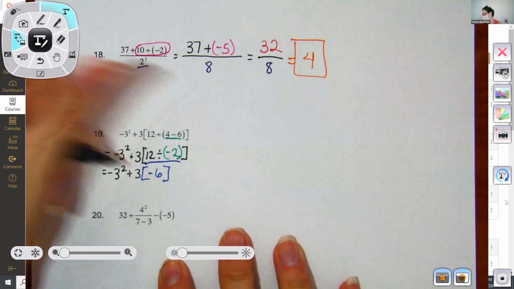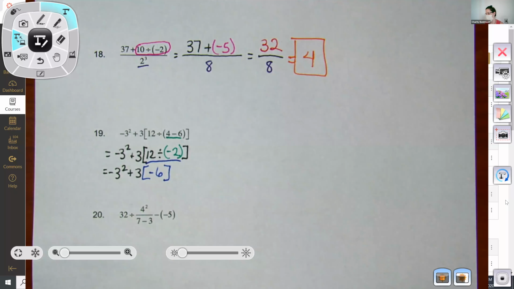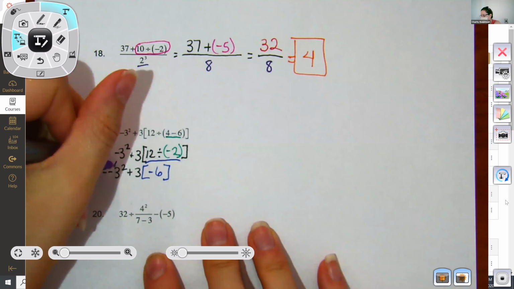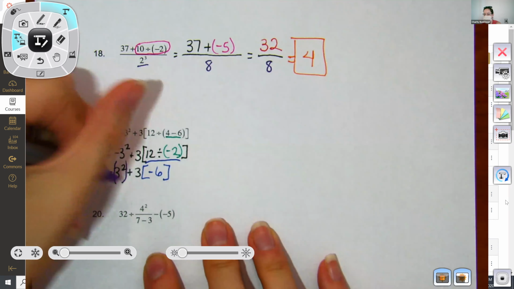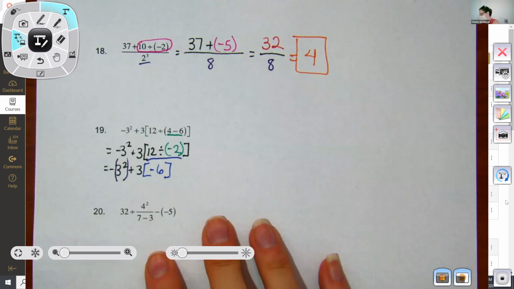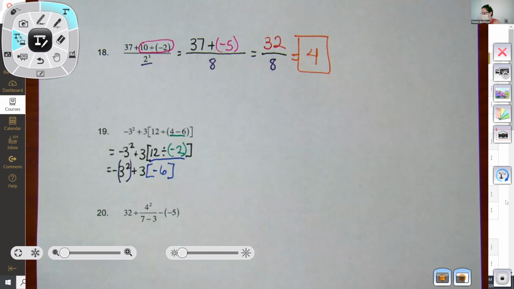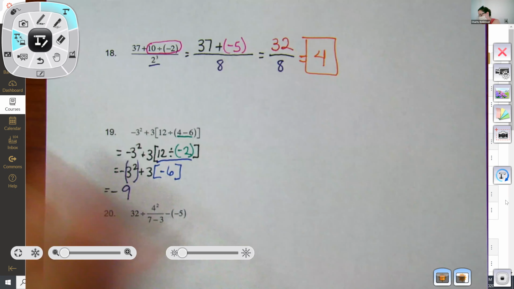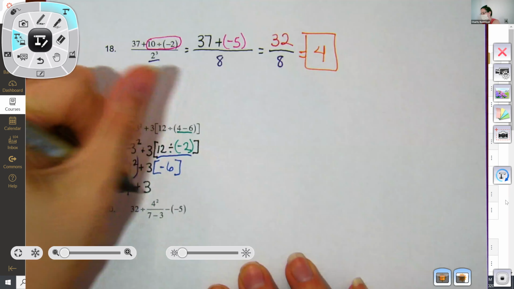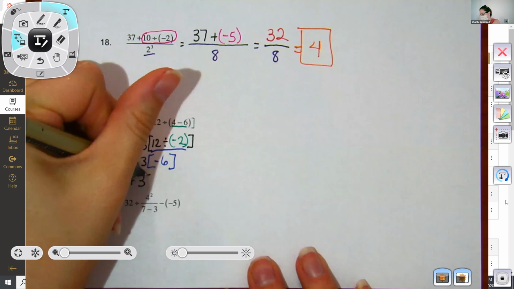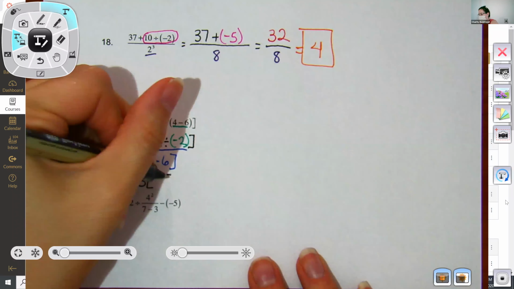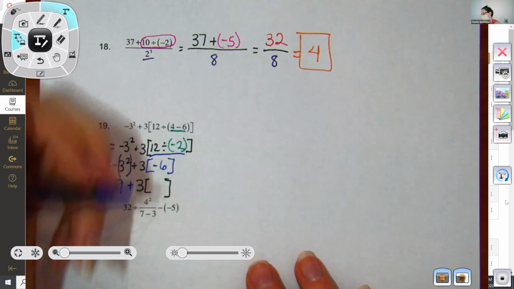All right, now I'm done with what's inside my parentheses, so next I would do exponents. Since there are no parentheses around that -3, we know that the negative is separate. So it's only the 3 that's getting squared. So it's -9 plus 3 times -6. No, it actually was negative this time.